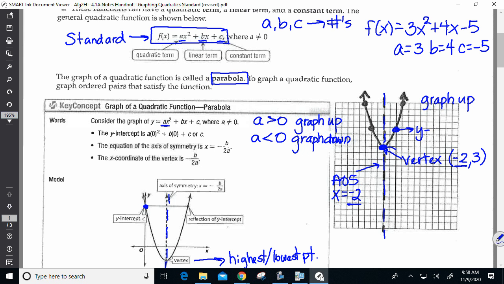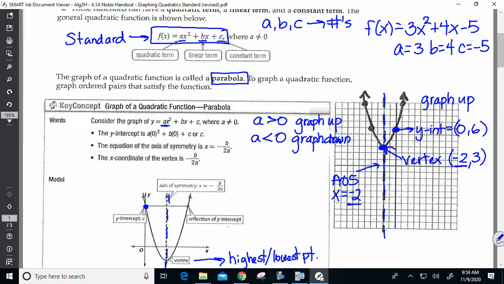And then the y-intercept is where it crosses the y-axis. Of course, we'll look at how to do all this stuff algebraically.